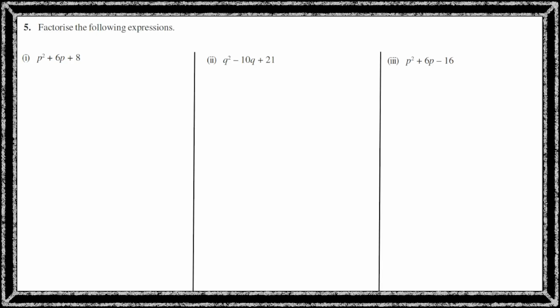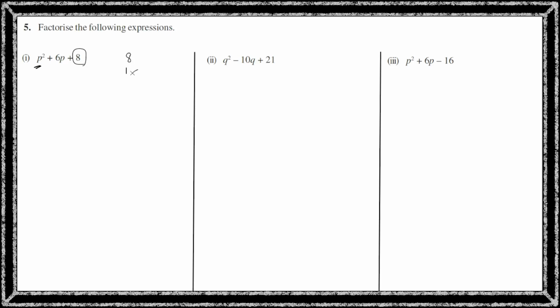So your first 2 identities are not going to work, right? So here what you will look at is the constant term. We will try to write it as a product of 2 factors whose sum will give you the middle term, the linear term, right? You will understand in a moment why we are doing that.